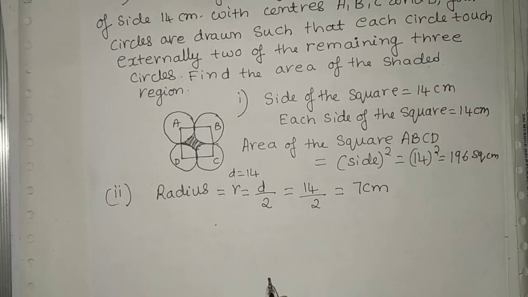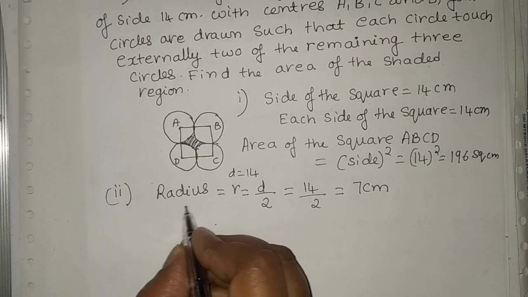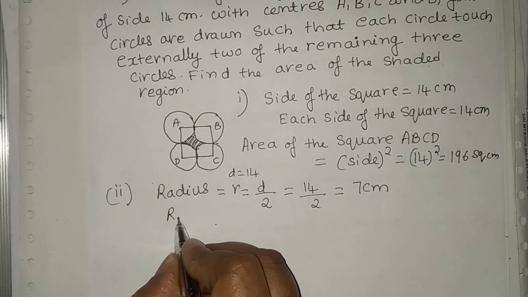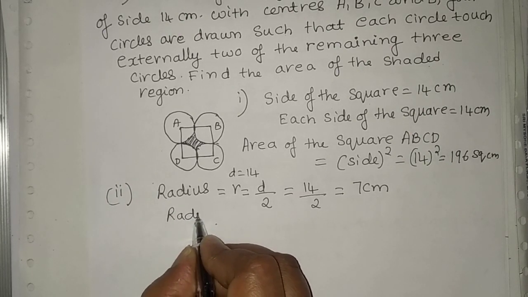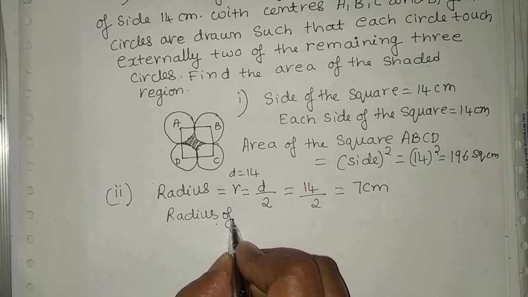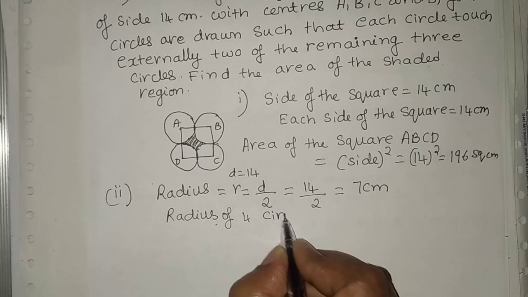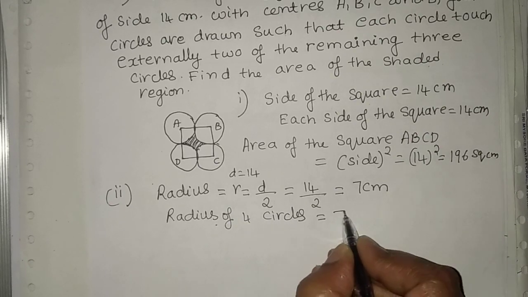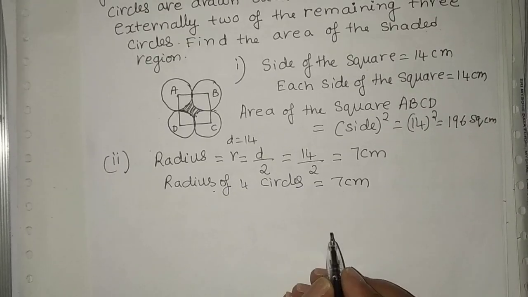Therefore the radius of the 4 circles is equal to 7 centimeters.